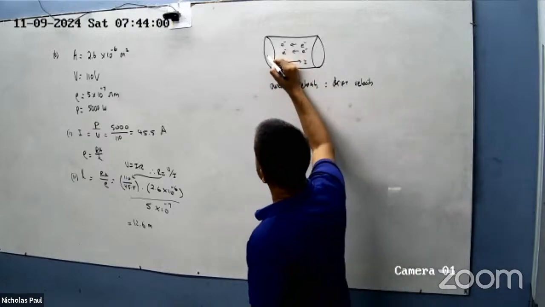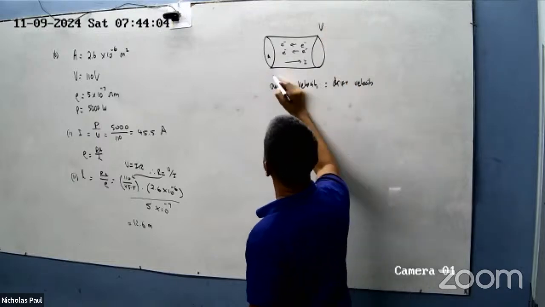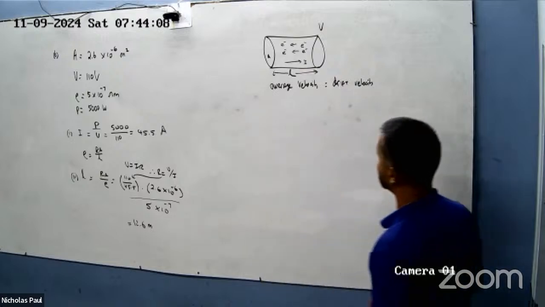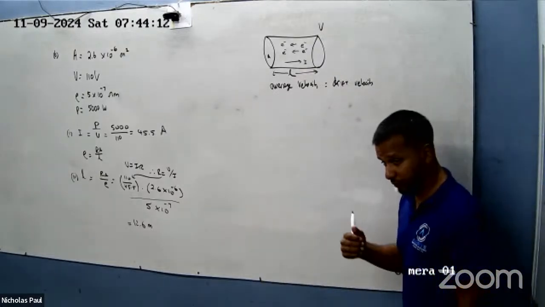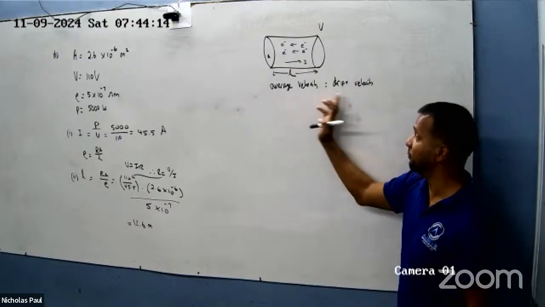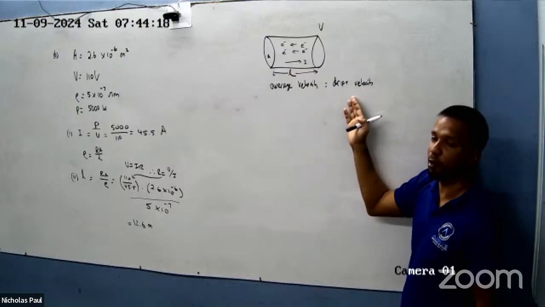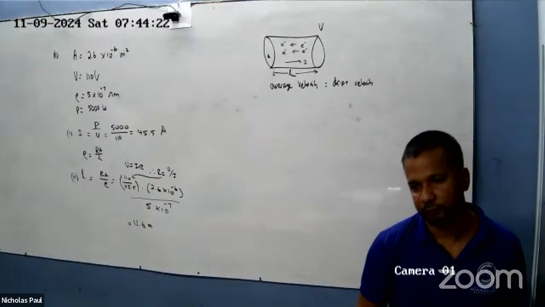This here has a cross-sectional area, it has a volume and so on. I think it has a length as well. Arya wants to come and find the formula for drift velocity.